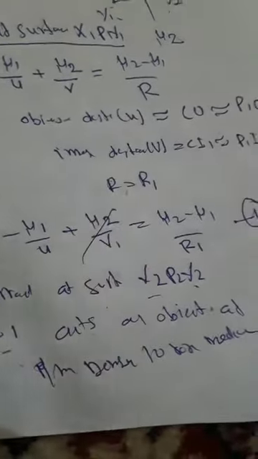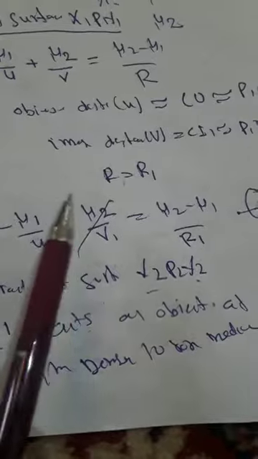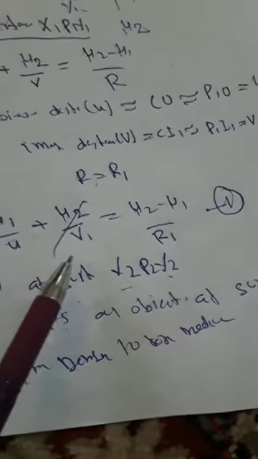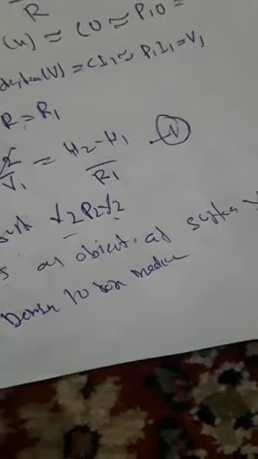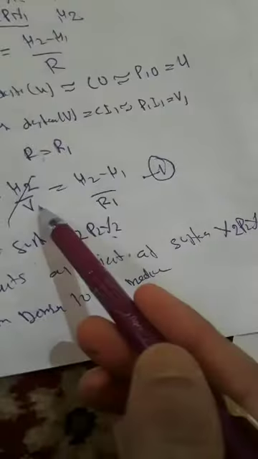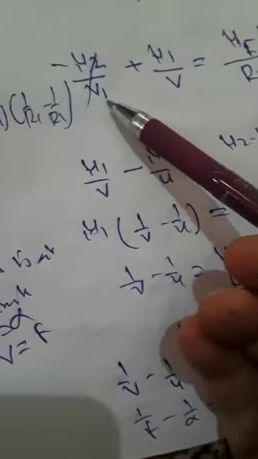When light is coming from rarer to denser medium, this is the equation. In the first case, the object distance is u, the image distance is v1, and the radius of curvature is r1. In the second case, the object distance is v1, the image distance is v, and the radius of curvature is r2.